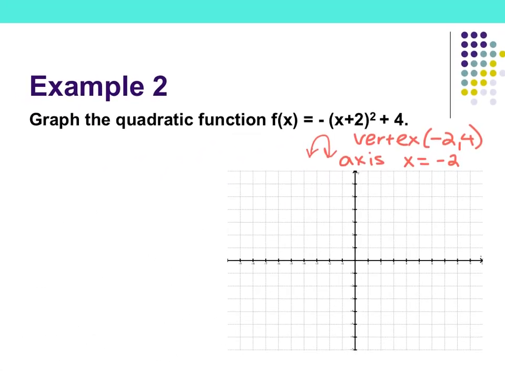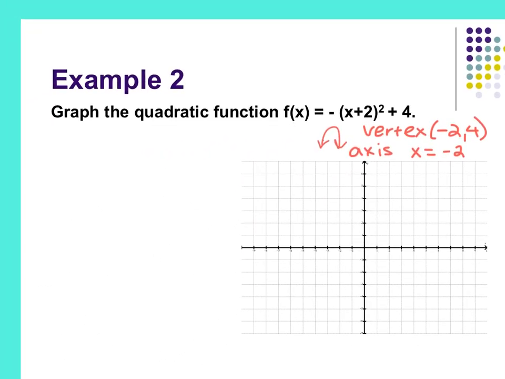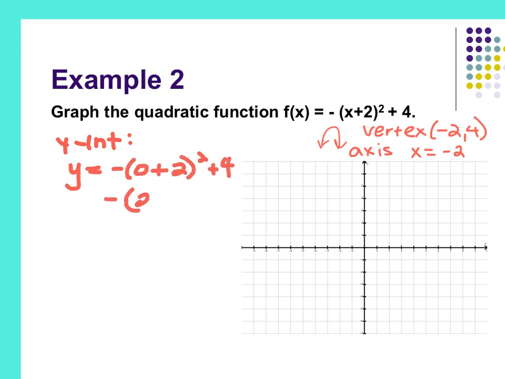Okay, now let's say I want to start with my y-intercepts, because those are the easy ones. I would get y equals negative, 0 plus 2 squared, plus 4. Negative 2 squared plus 4. Negative 4 plus 4, which is 0. So 0, 0 is my y-intercept, which means what else?